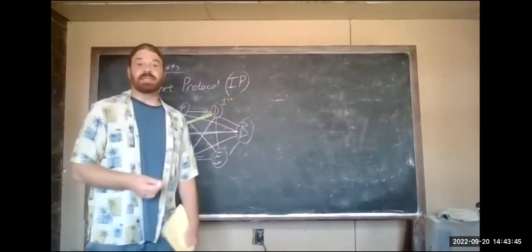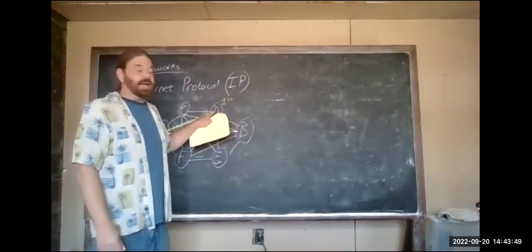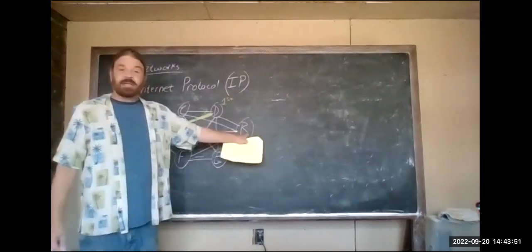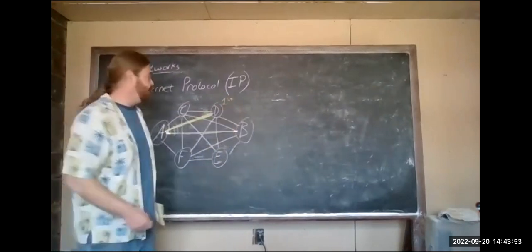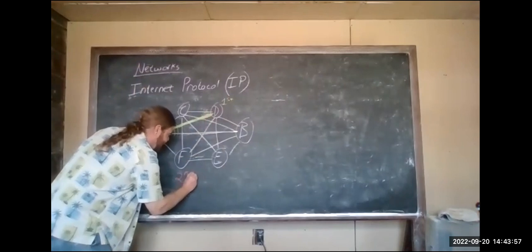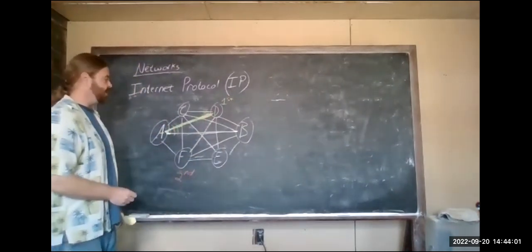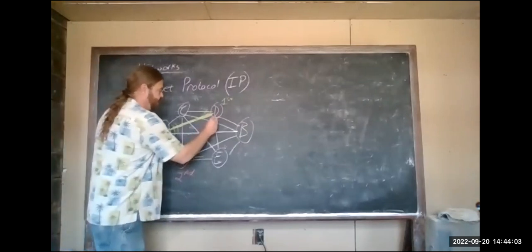Then the process repeats. The machines there at site B are just going to say, okay, I have a broadcast coming from site A, trying to get to site B, who's available. Maybe F is the next one to respond. Site F seems to be the best route. So B's like, okay, there you go.